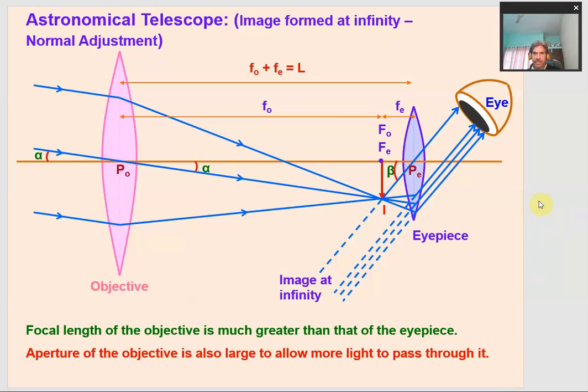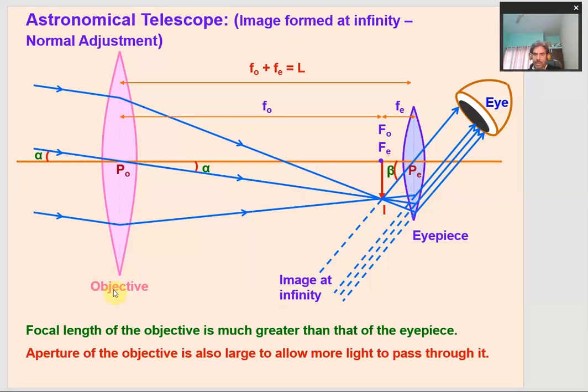In the case of telescopes, again there are two lenses. One is called the object lens, which faces the object, or which collects the light rays coming from the distant faint object, and the other lens is called the eyepiece, through which the final image is seen. Object lens is of large aperture and large focal length, whereas eyepiece is of short aperture and short focal length.